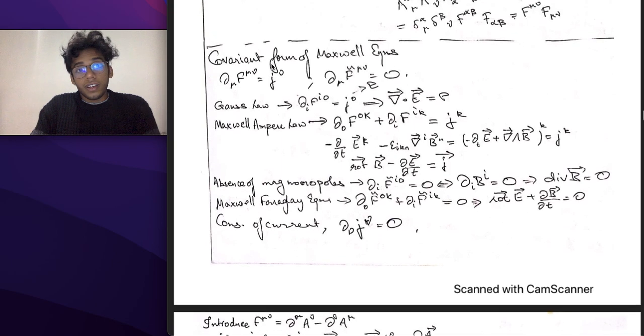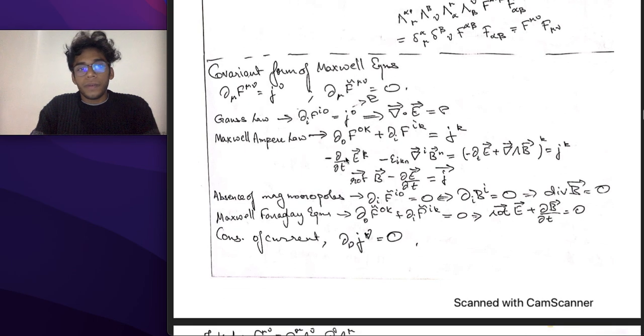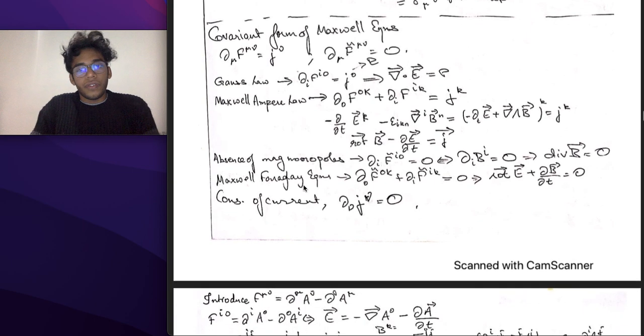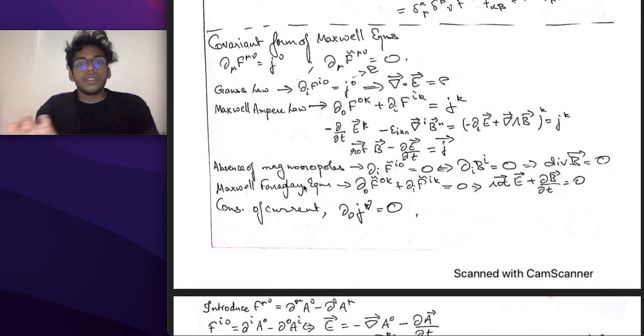And then there's the covariant form of your Maxwell equation. So using your stress tensors, you get all your equations, Maxwell's laws, everything as below, and you know how to get various fields and components from your stress tensor.